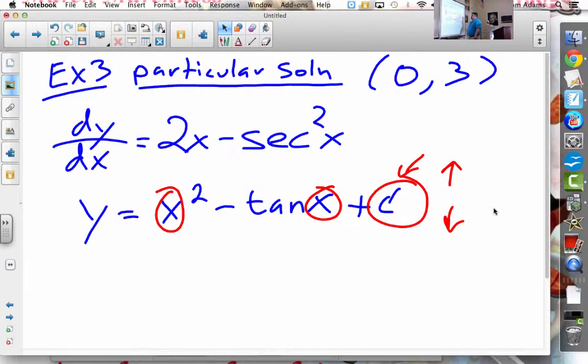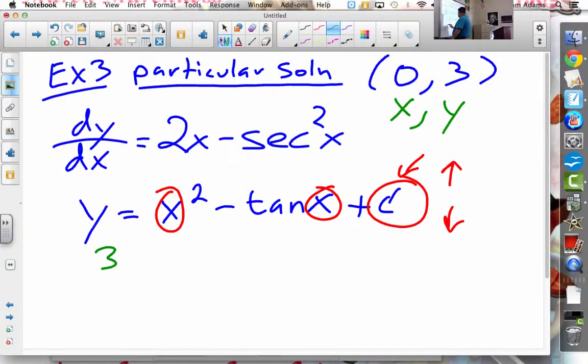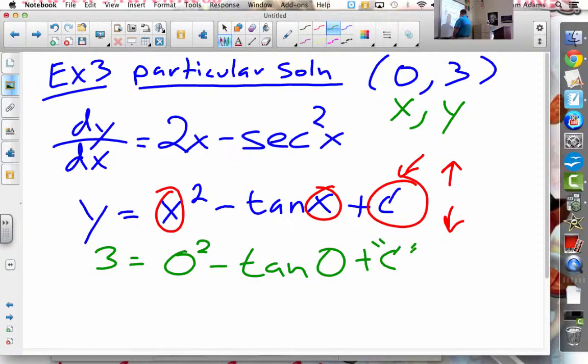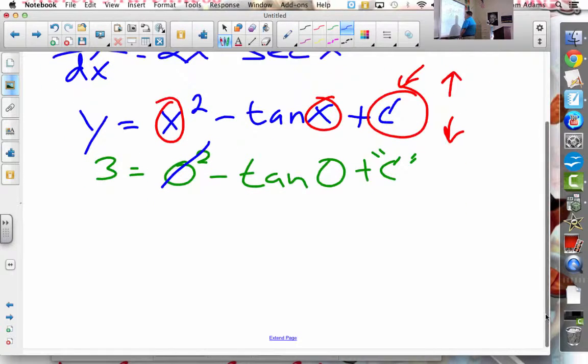Okay? So now to find that algebraically, the only thing I need to remember is that this is the x value and this is the y value. So I'm going to put 3 is equal to 0 squared minus tangent of 0 plus c. Well, now remember tangent of 0, let's make a little side note here.